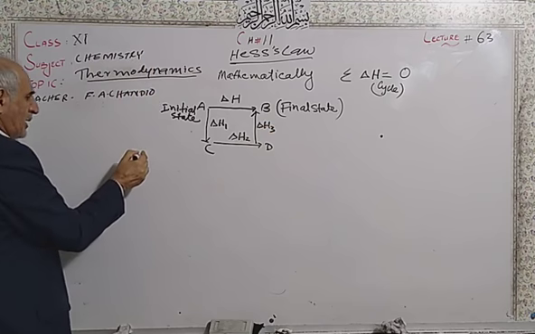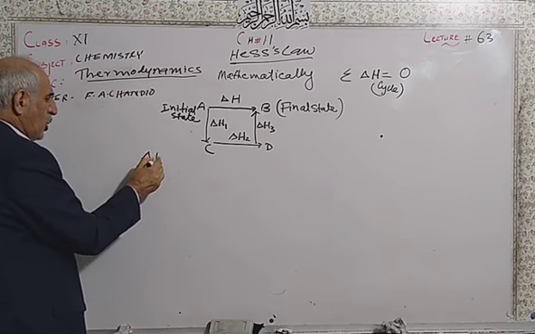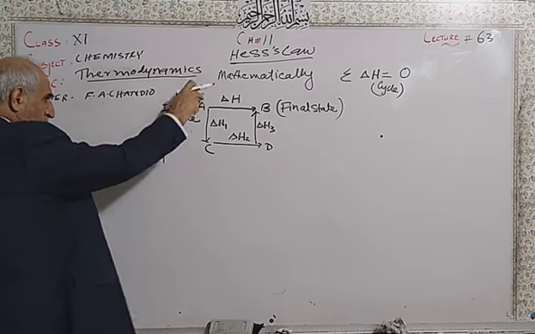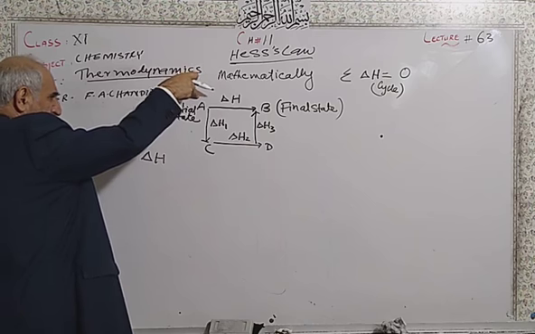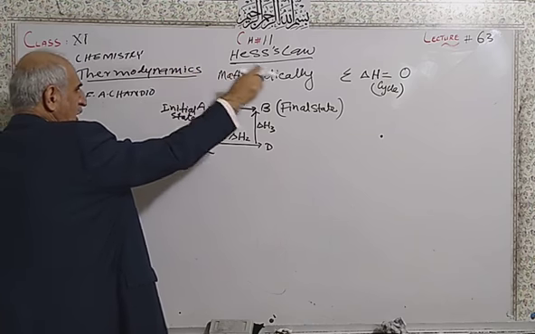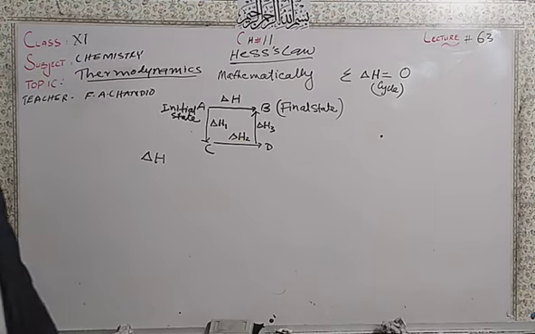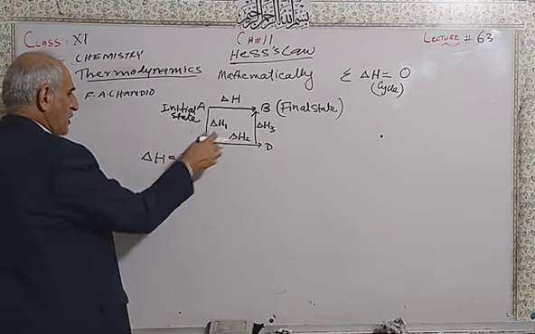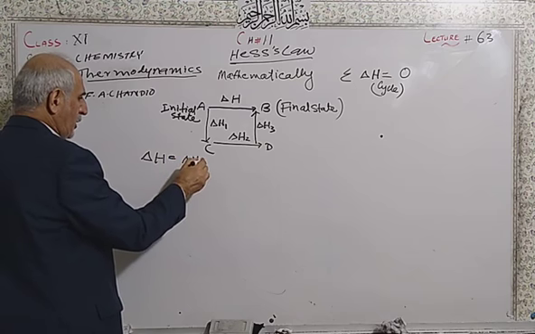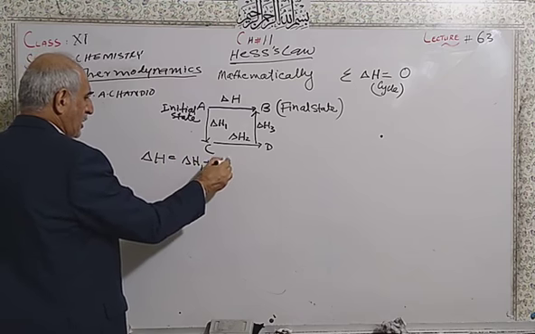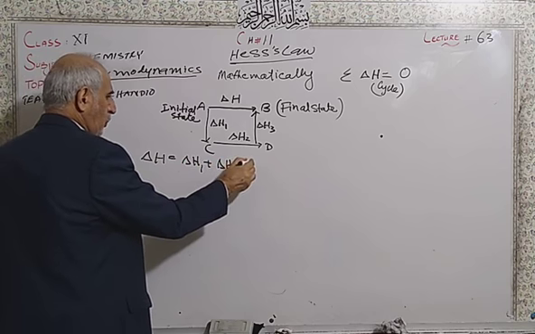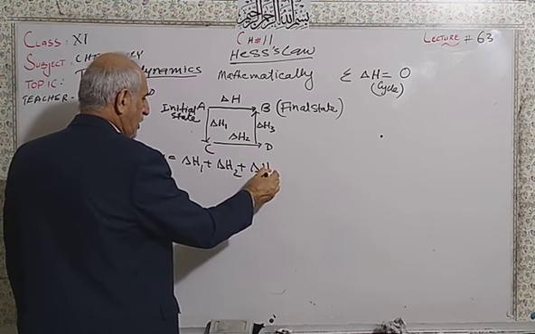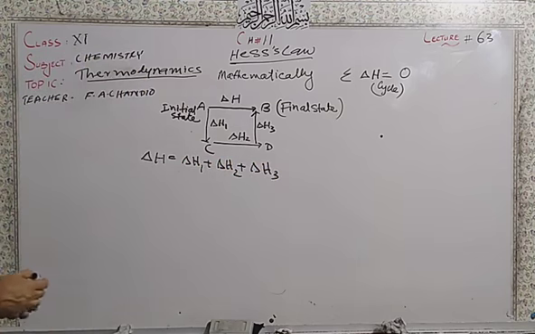It means that the enthalpy change when the chemical reaction completes in one step, initial state to final state, must be equal to the sum of delta H1 plus delta H2 plus delta H3.